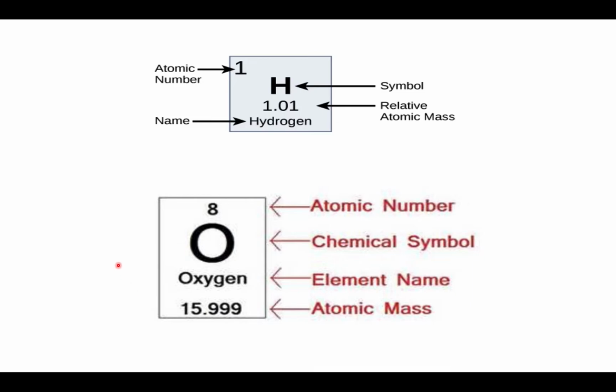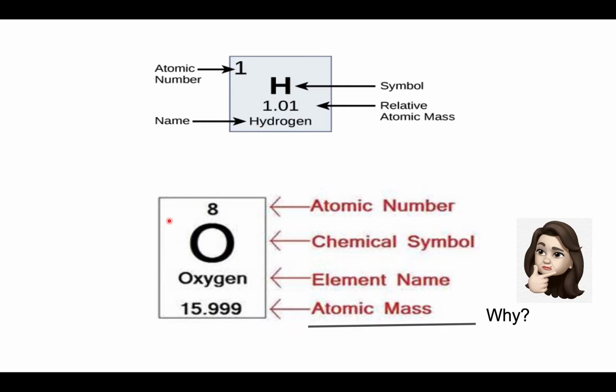Another thing is that the atomic mass is always larger than the atomic number. Why do you think that is? I'd like you to think about that and see if you can answer this. Why is it that the atomic mass is always larger than the atomic number?